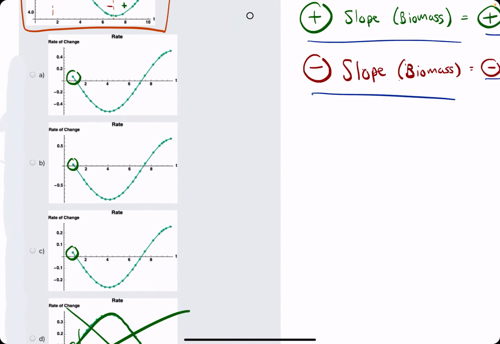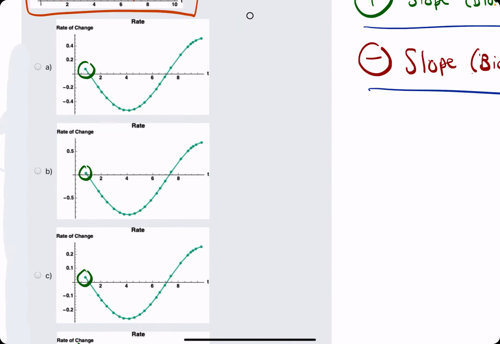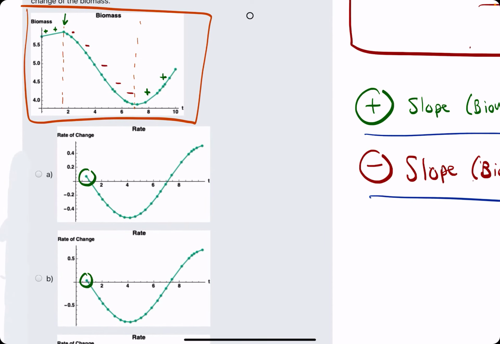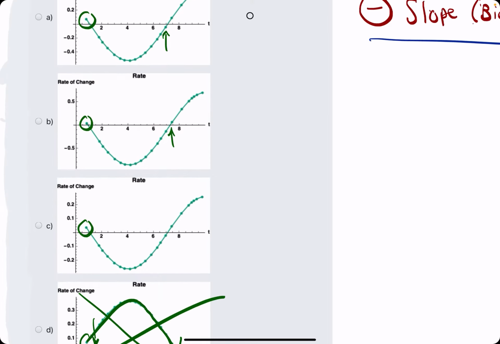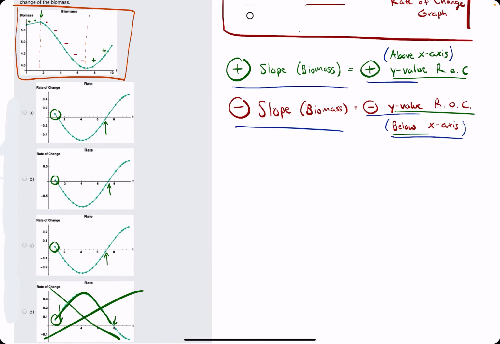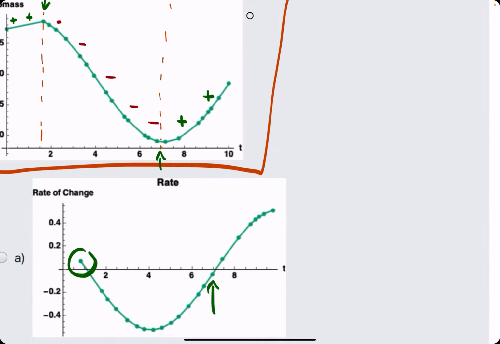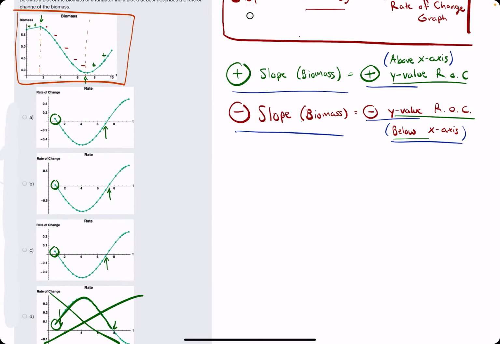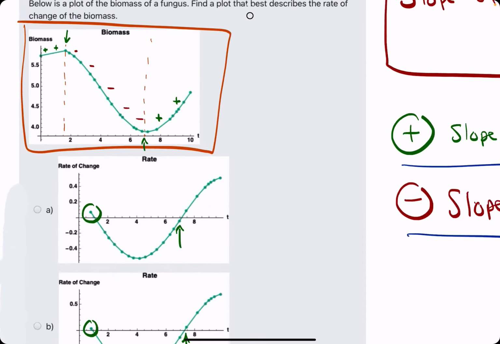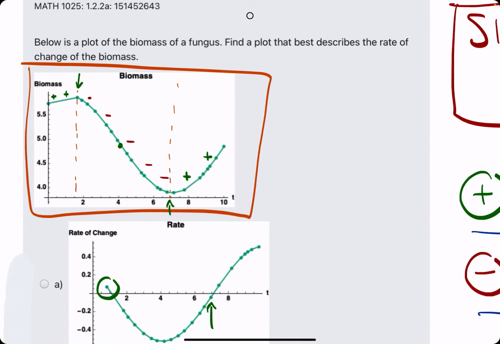So between these three, they're just so similar, and we can see that all of them cross over from below the x-axis to above the x-axis around t equals 7, which is where we said the original function changes from negative to positive. So probably the best way we can identify which is our correct answer is by finding the slope of the center, or more or less the center, of the original biomass graph.